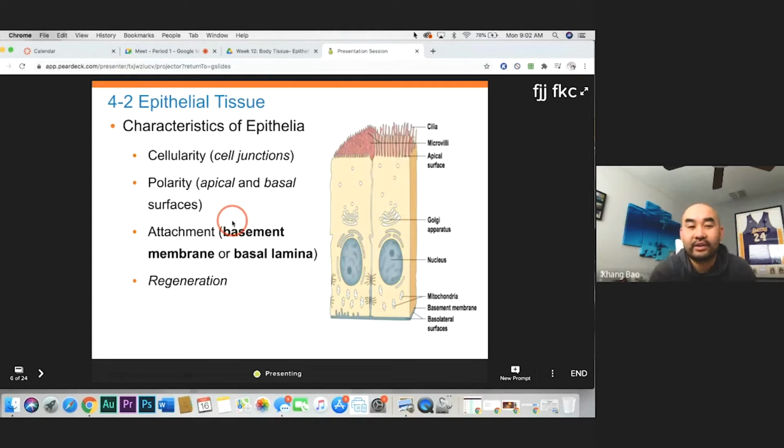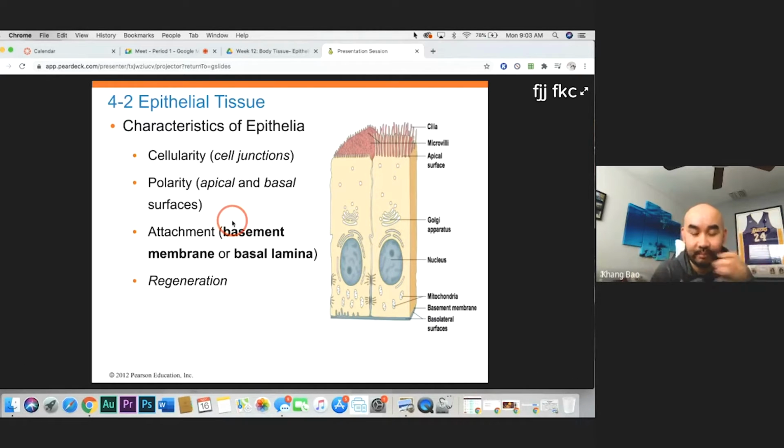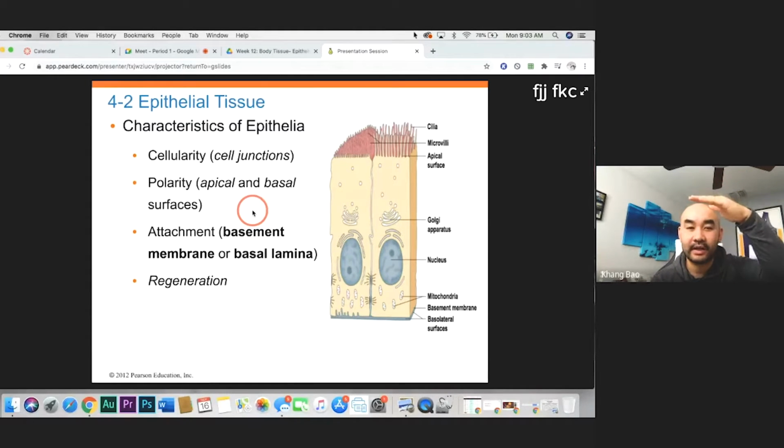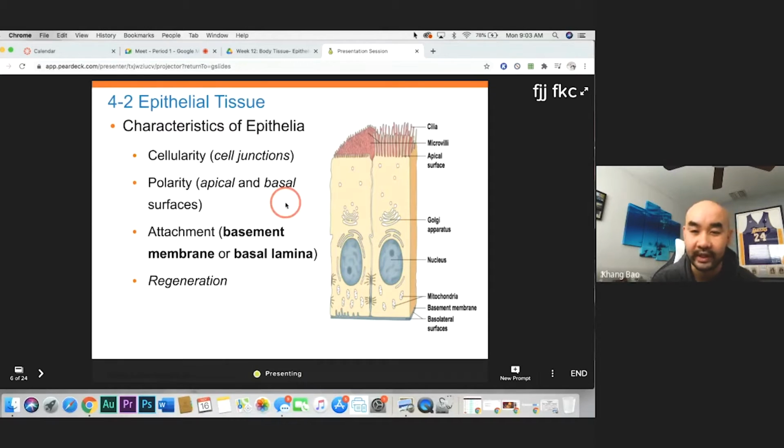Characteristics, like how do they look, or what things make up these epithelial tissues? First thing is cellularity, cell junction. How do we characterize them is how they connect. Cell junction, how do they connect? Polarity means positive, negative, right? Or in this case, the top or the bottom part. Apical, or what we call basal part.